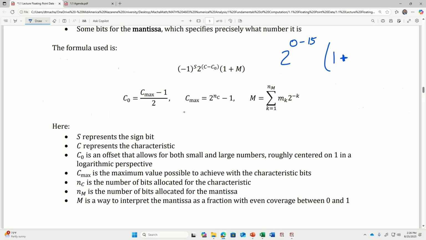And we talked about this a second ago. If I make the very smallest possible change to the mantissa, it's going to change by 1 over 1024.